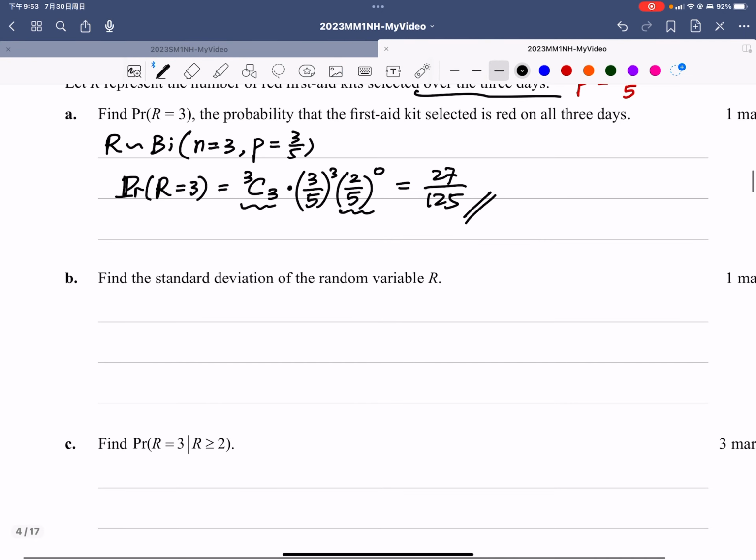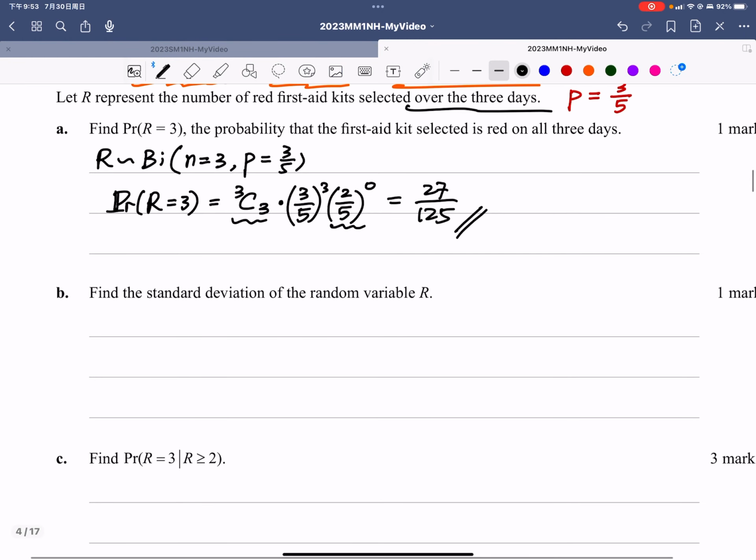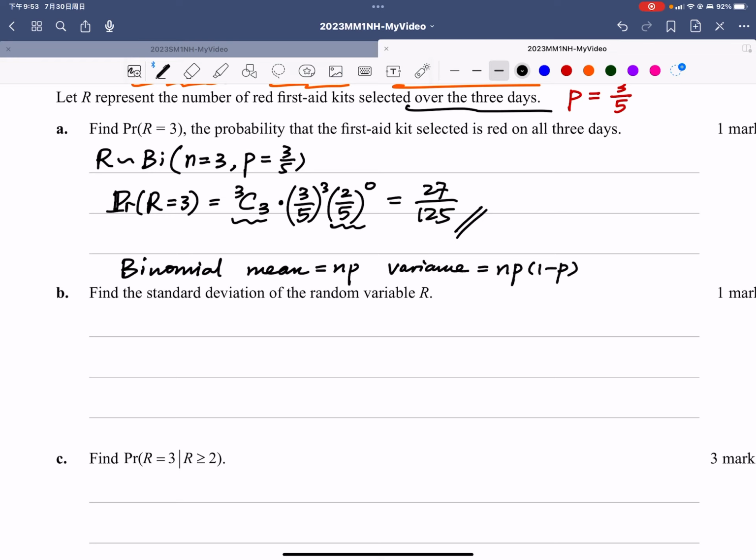All right, find the standard deviation of the random variable R. So this is a binomial. Binomial mean equals n times p. Variance is n times p times 1 minus p. So we need to find the variance of R first, which is 3 times 3 over 5 times 2 over 5.